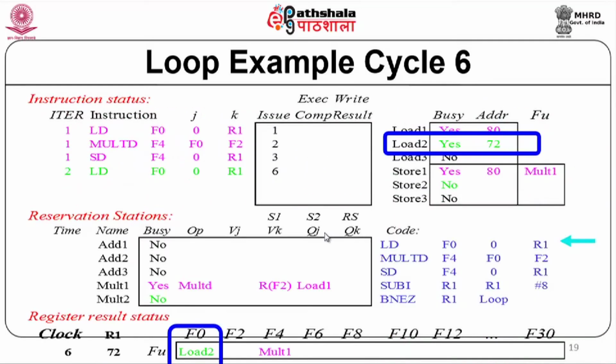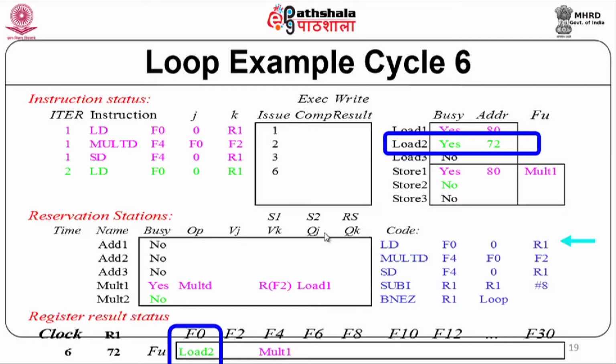When you move on to the sixth clock cycle, we've already issued 5 instructions including a branch instruction. So, you have a dynamic branch predictor there. The branch predictor will predict the behavior of the branch, and in this case it most probably predicts that the branch is to be taken, because after all it is an iterative loop which will have to get executed a number of times.